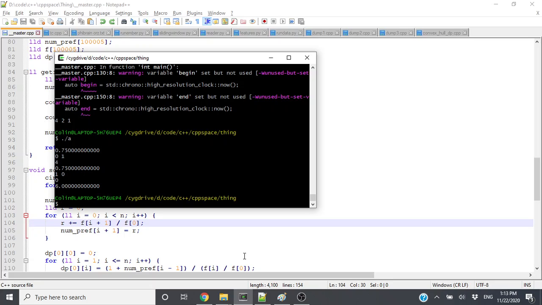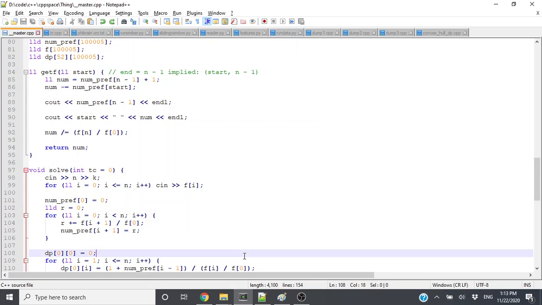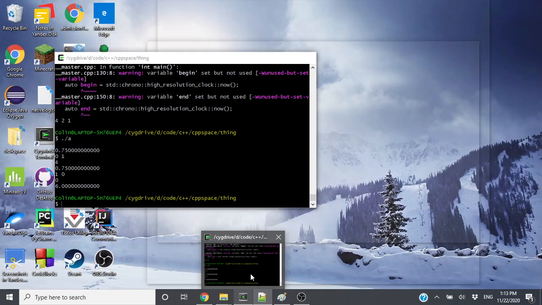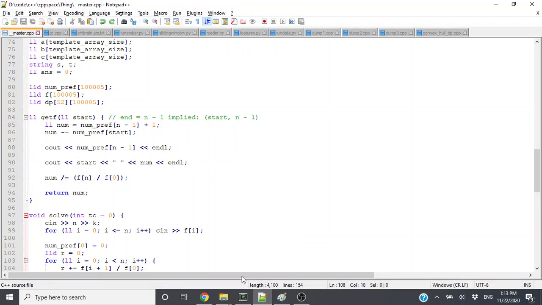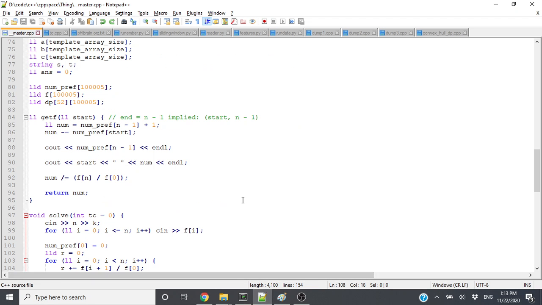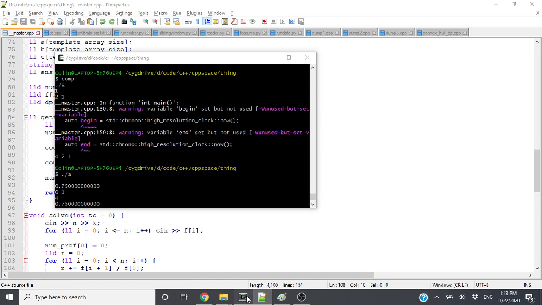Actually, it's P1 plus P1, P2, which is 1 plus a fourth. This should be 1 plus P1 plus P1, P2 over P1, P2, P3. But there's only 2 probabilities. Oh wait, n is 2, right? So it's 1 plus P1 over P1, P2.